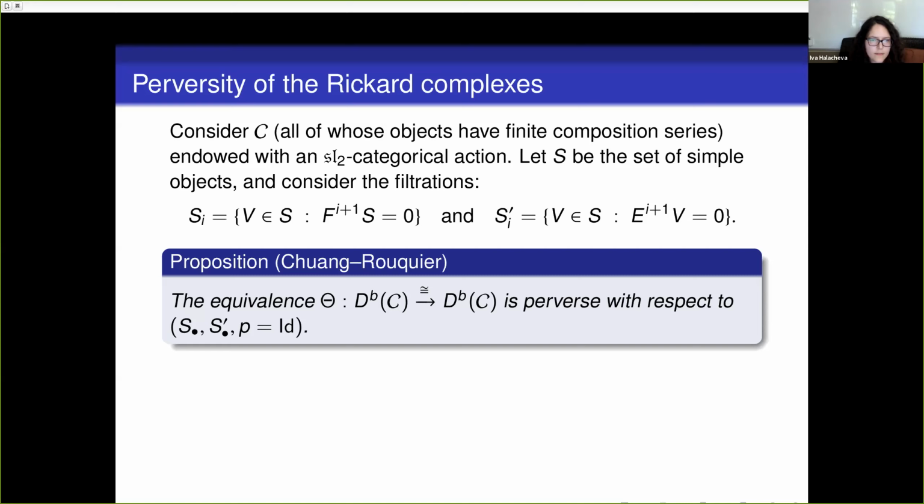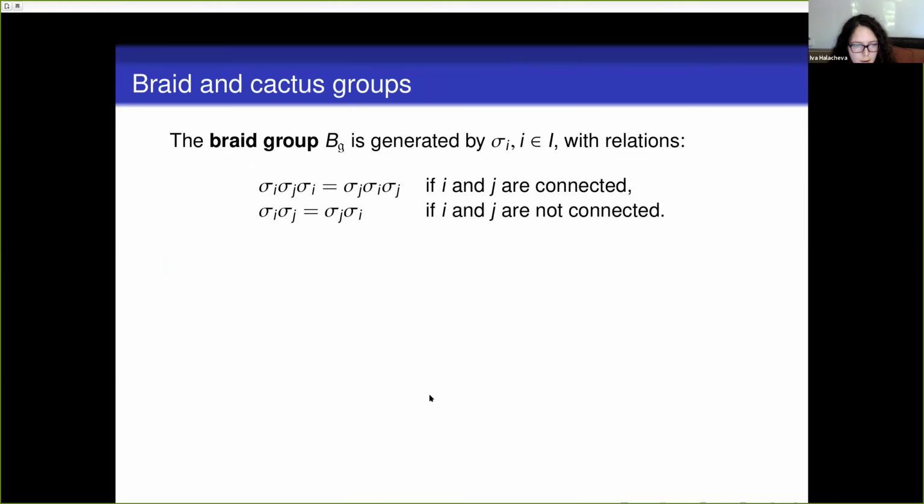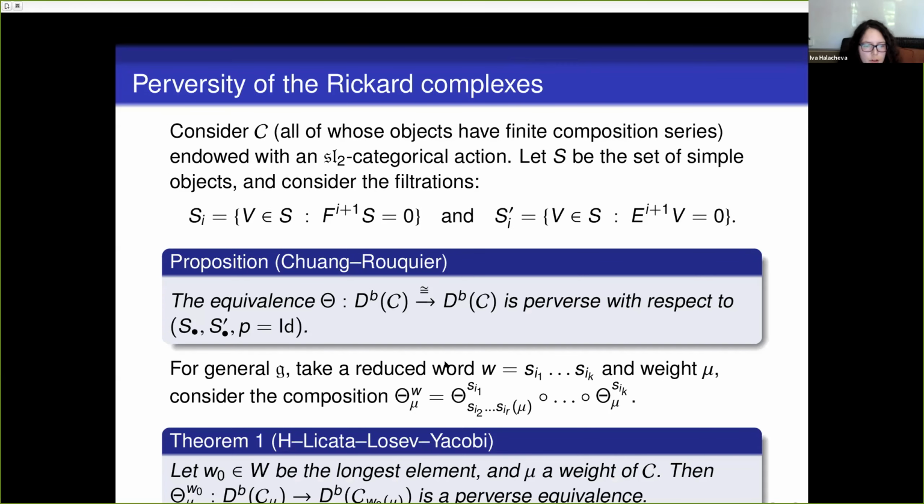So let's now talk a little bit more generally in the case of a general Kac-Moody algebra G. So for a general G, remember in the case of SL2, we just had a single non-trivial element of the Weyl group, which I called S. But here we can have a more general Weyl group element, and we take a reduced word for it.